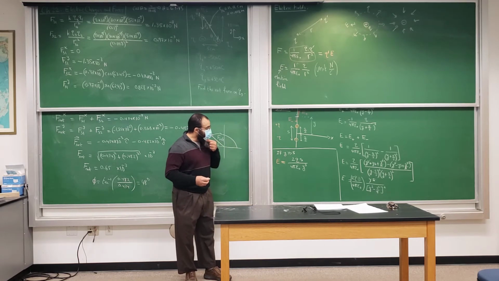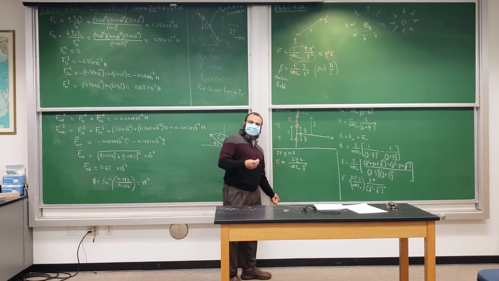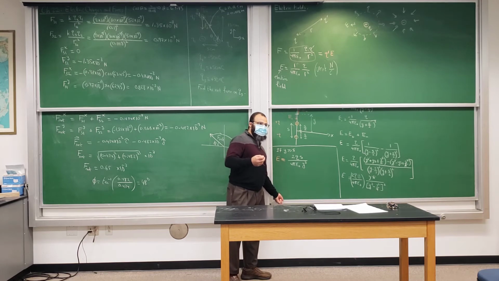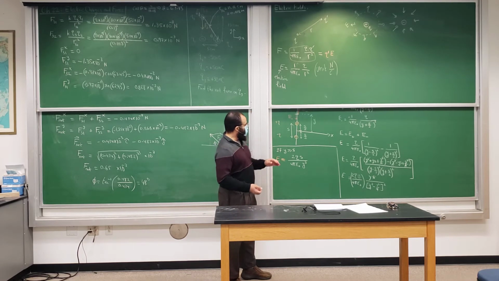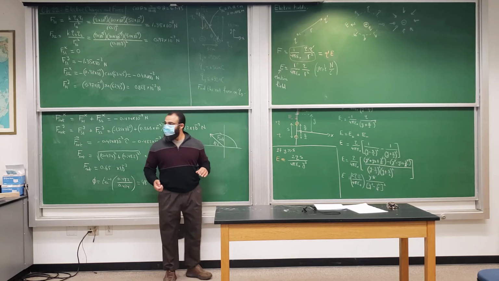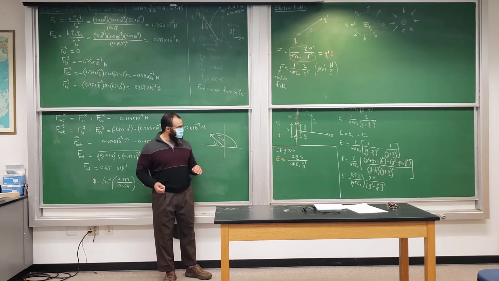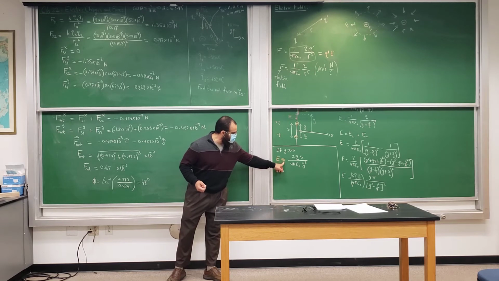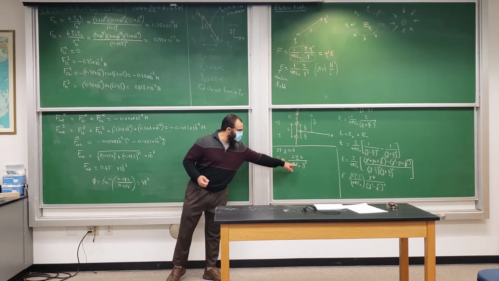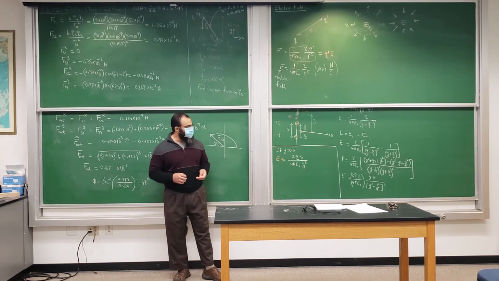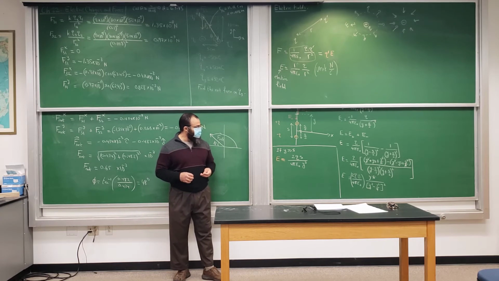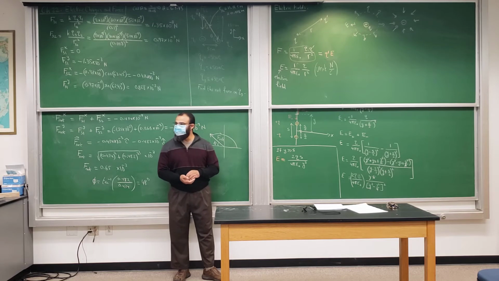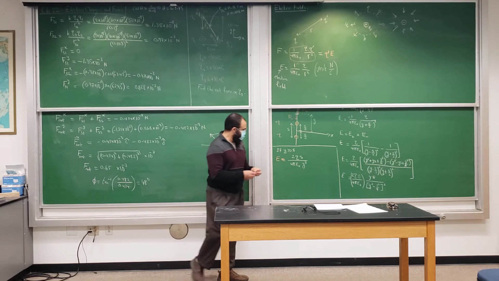So now I'm going to define the dipole moment. Can you scooch it over a little bit? Sorry, I can't really see the equation. So this is E approximately equal to 2qs over 4 pi epsilon naught y cubed.